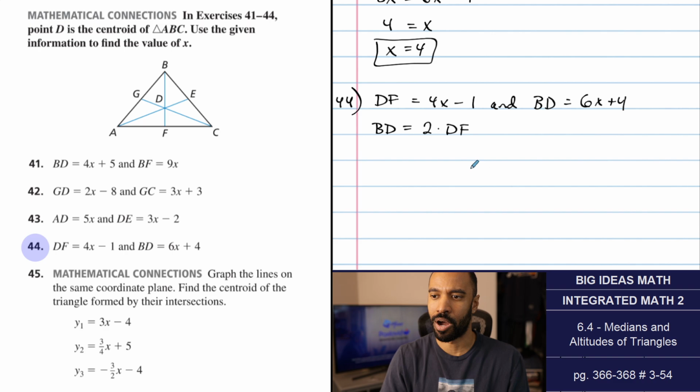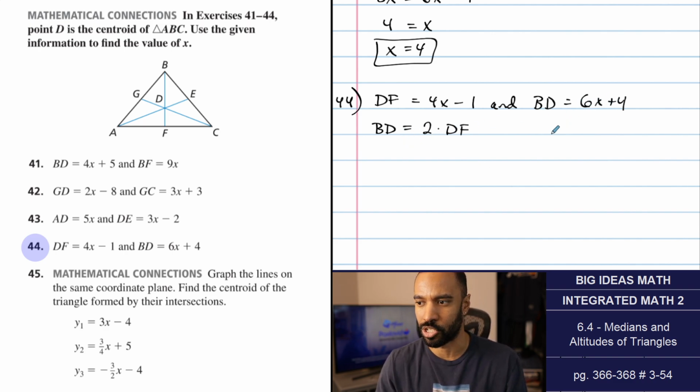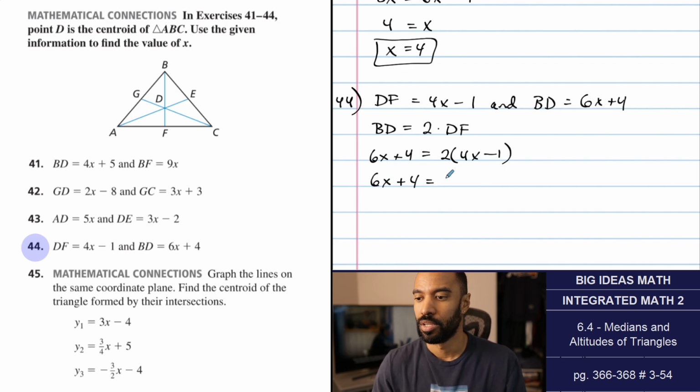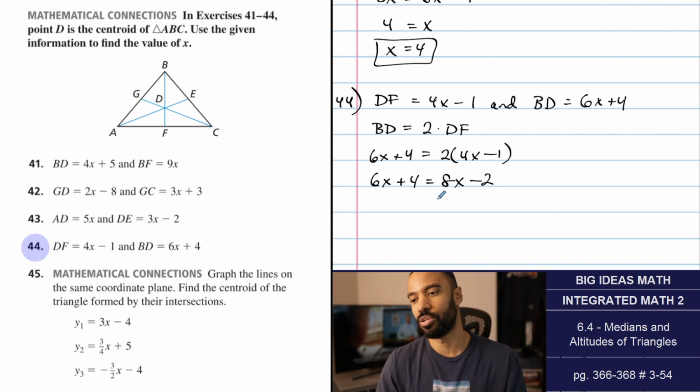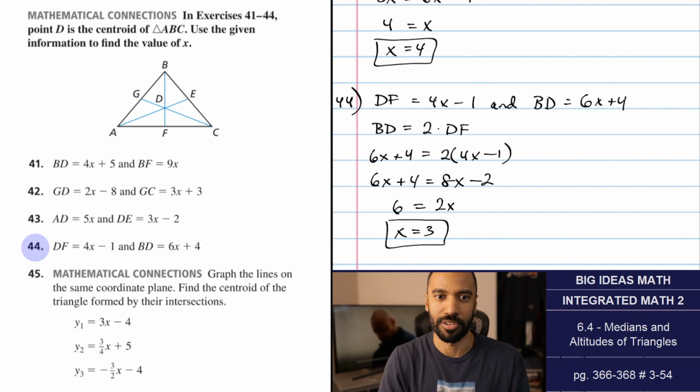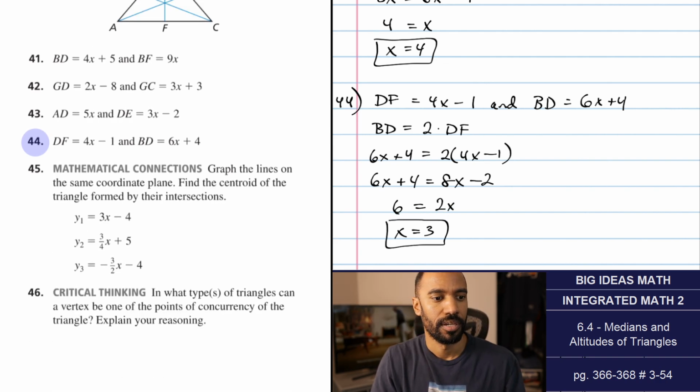I hope I didn't write anything wrong in the other ones because they're using the same kind of relationship twice. Maybe they want to force you to say one is half the other. If I can say double, I'm going to go with it. Double 4x minus 1, so I can avoid fractions at all costs. I don't need them. 8x minus 2. By distributing the 2, let's subtract 6x over, add the 2 over, divide both sides by 2, you get x equals 3. Again, they didn't ask to find any lengths after that. That kind of saves time in the problems, but that'd be it.